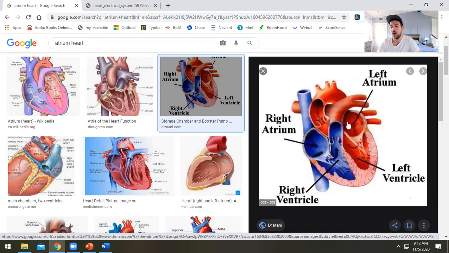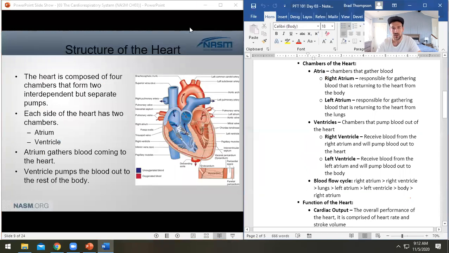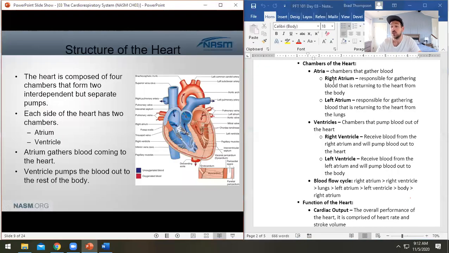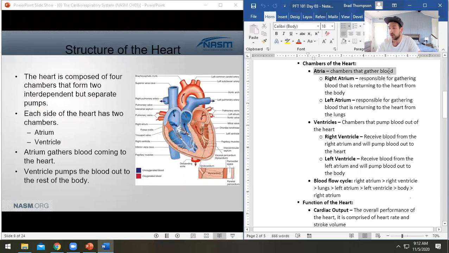Those are the chambers responsible for gathering blood in the heart. In this version you can see the right atrium here and the left atrium here, both gathering blood that has returned to the heart. So those are the first two chambers, the atria. The atria are chambers that gather blood.